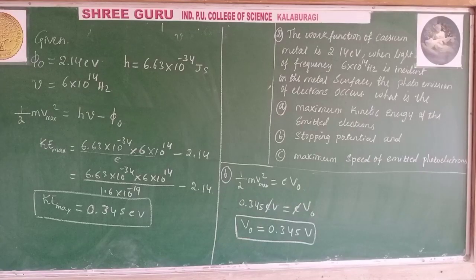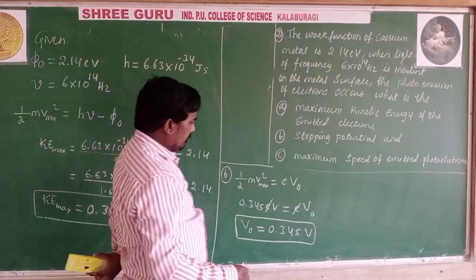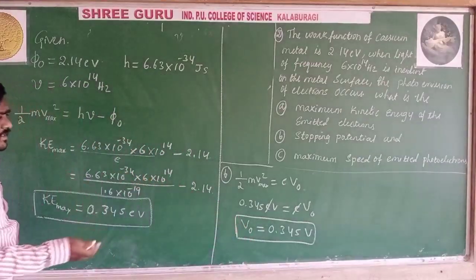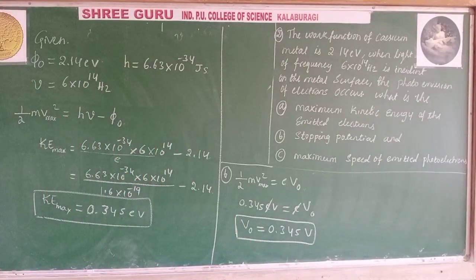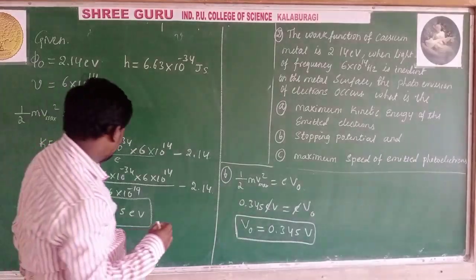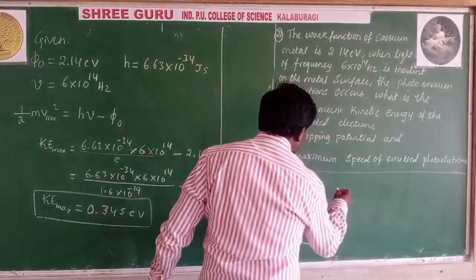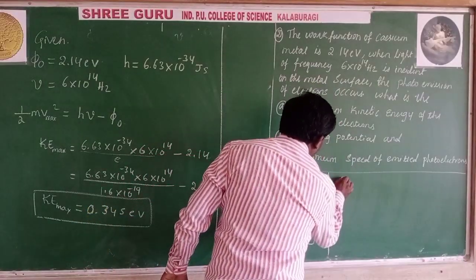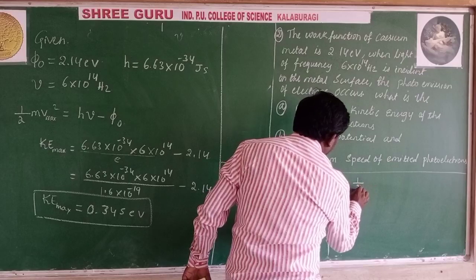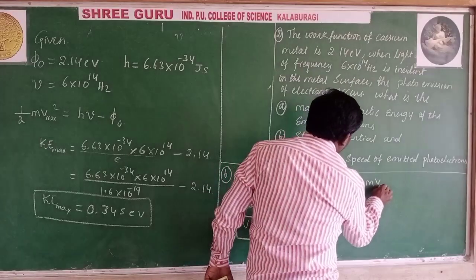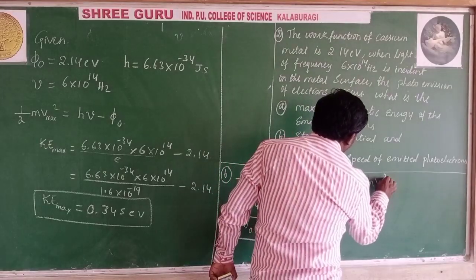Next come to the last one, that is the maximum speed of emitted electrons. In terms of speed, how to convert? In terms of speed, what is the kinetic energy? Maximum speed means half m v max whole square.